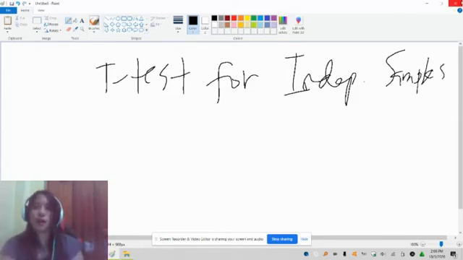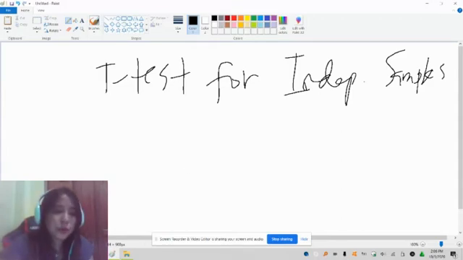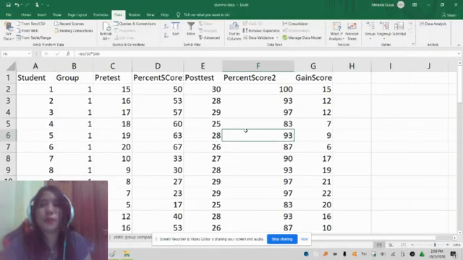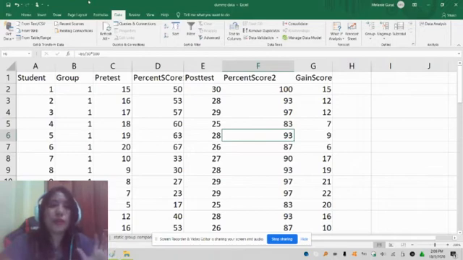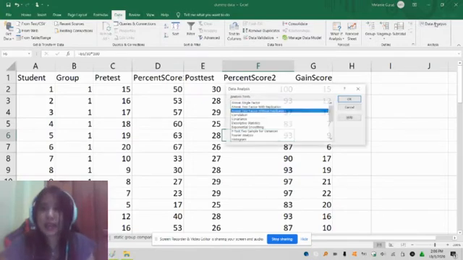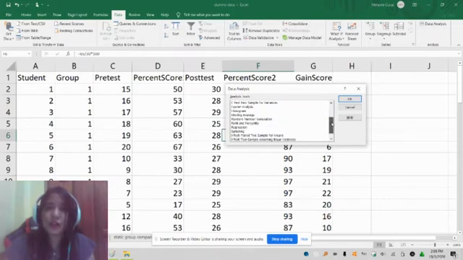Okay, so let us do that. Let's go back to our data. So what will we do? We will use the data analysis. So insert, where's the data? So data analysis, and locate the t-test.